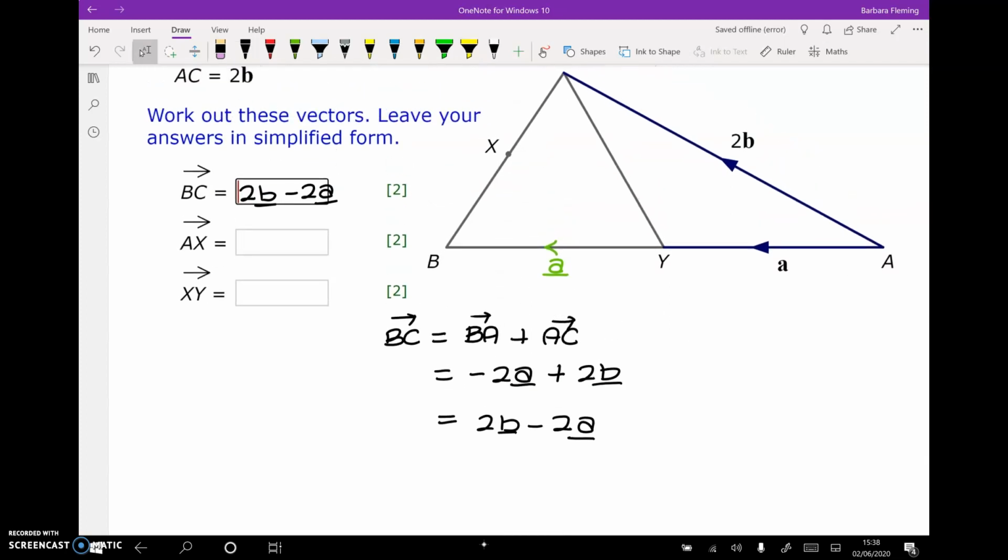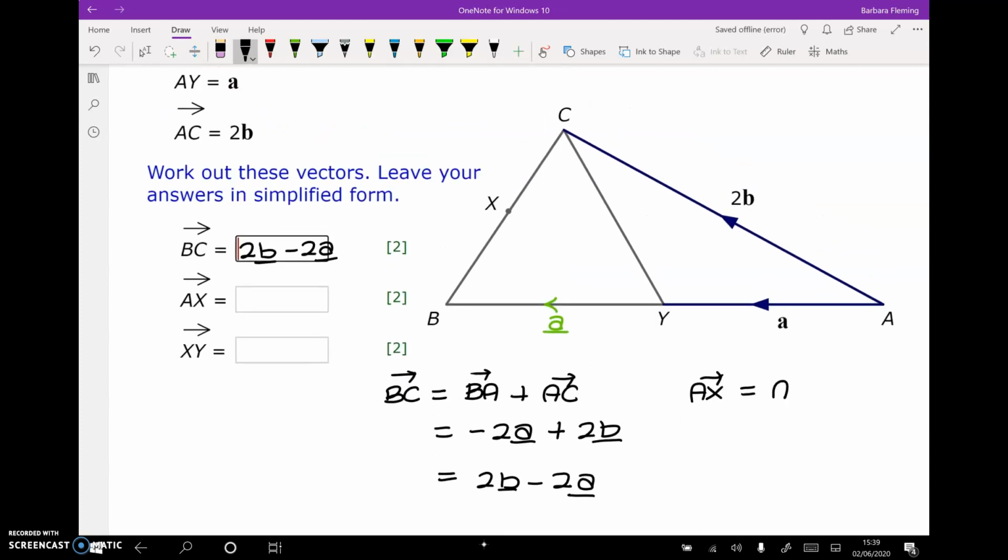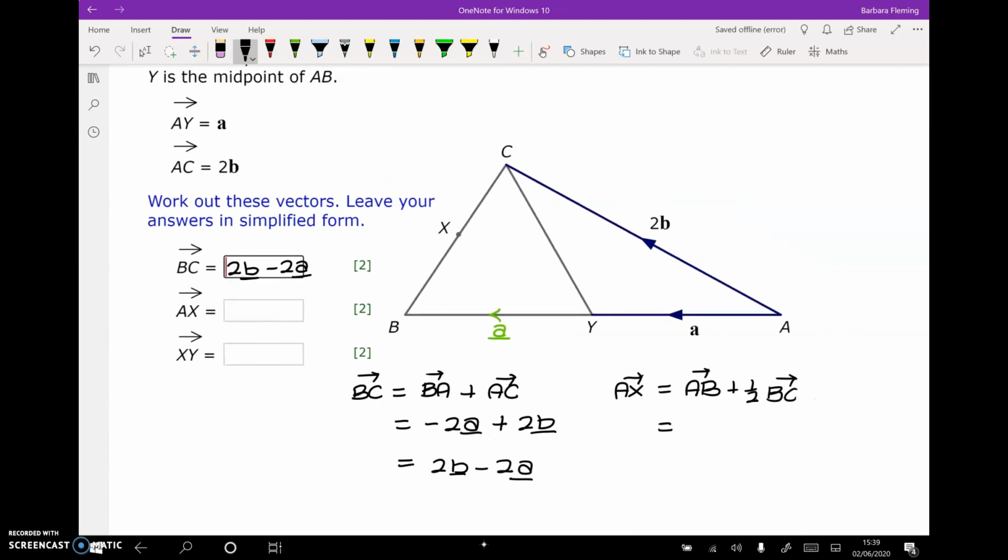So A to X, we write that out, we've got A to B, which we've got, and then we're going to have half of B to C, because X is the halfway point of B to C. Now A to B, well, that's your 2 A's, so it's 2A, and then we've got half of B to C. If you use your answer that we just found, we've actually found B to C already, so we could put that in a bracket, 2B minus 2A.